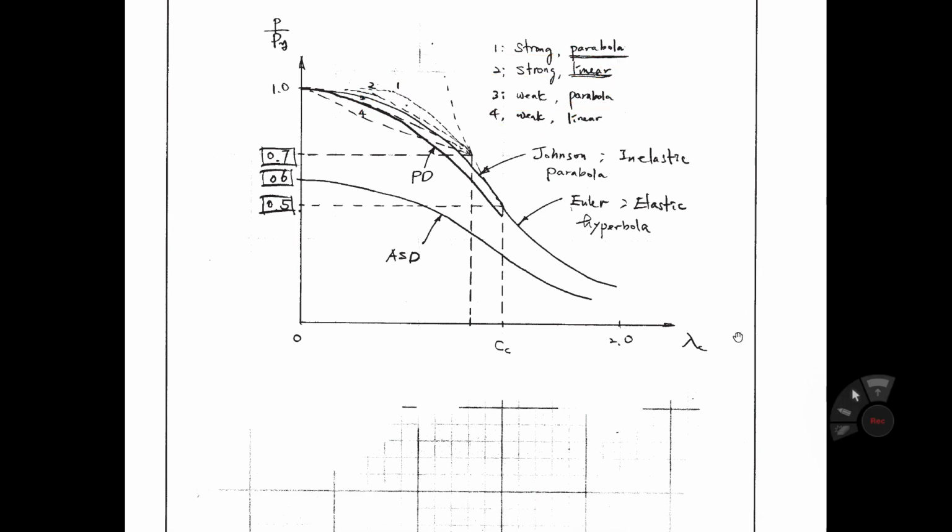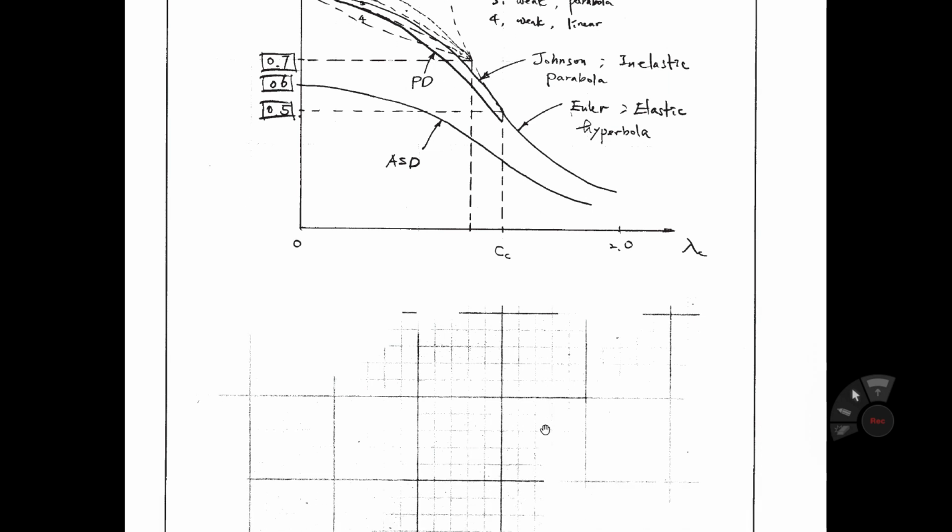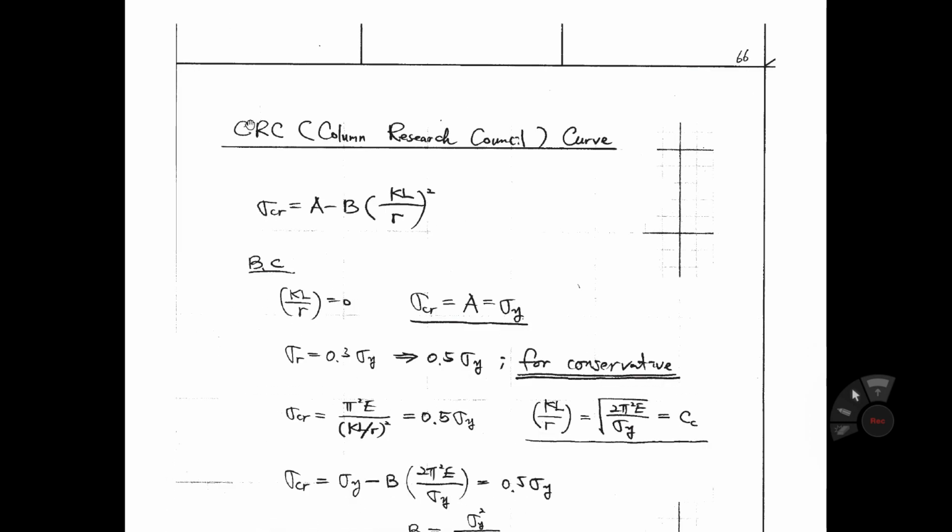Let's look at the CRC column curve. So far we just studied general inelastic column and their curves. But from now on, I would like to introduce this CRC, Column Research Council, curve.